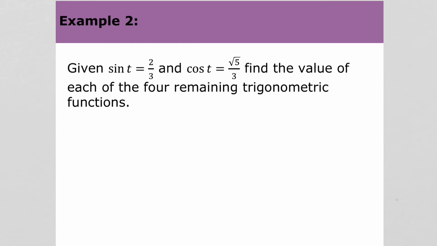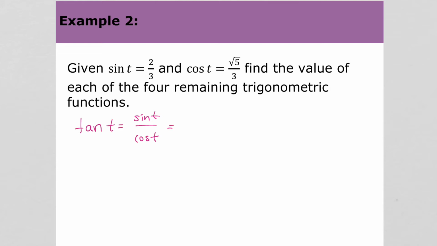Example 2 says, given that sine of t, whatever angle, we don't know what it is, but given the sine of the angle is 2/3 and the cosine of the angle is square root of 5 over 3, find the value of each of the 4 remaining trig functions. Okay, so we've got sine and cosine. Could we find tangent? Well, tangent is sine over cosine.